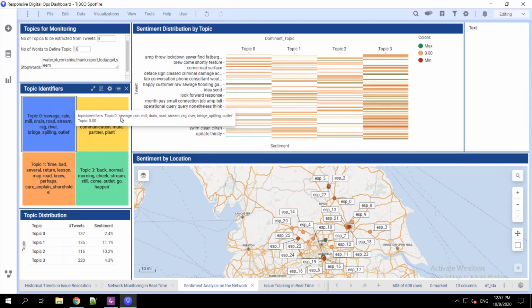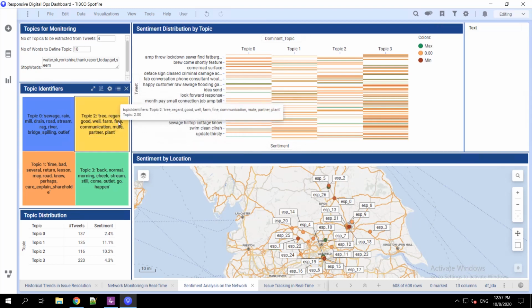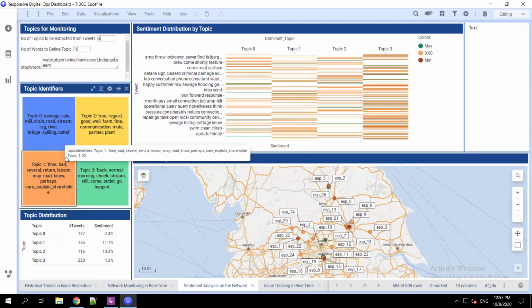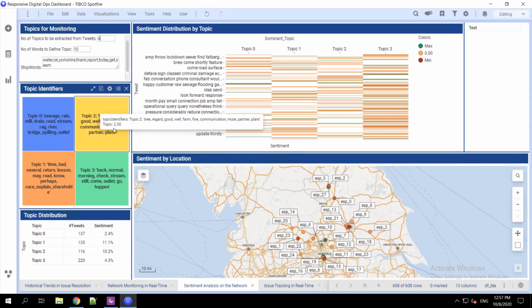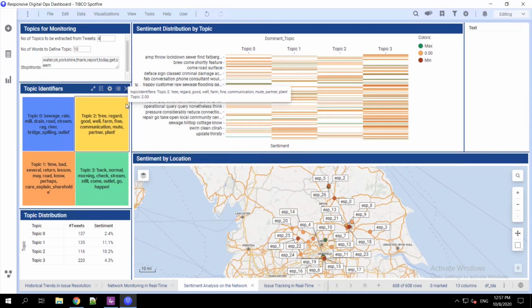And then topic 1 is again looking at how roads are bad, how customer care is answering some of these issues. Topic 2 is again looking at some of the corporate messages that have gone from this particular handle.